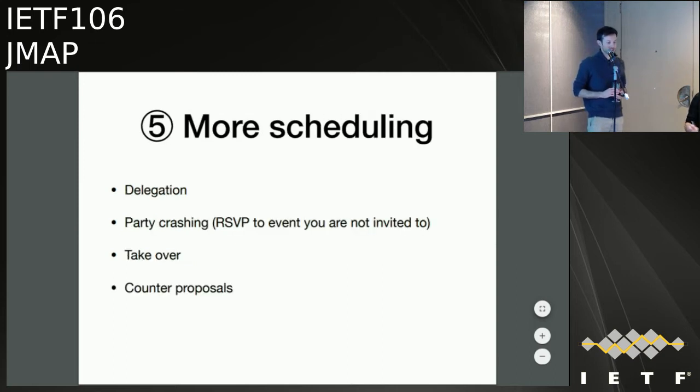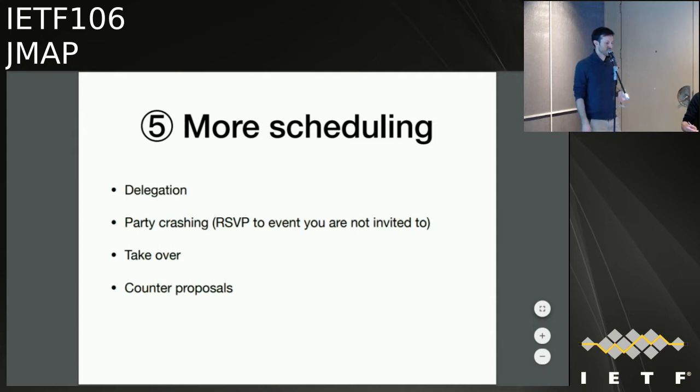Okay, finally then, I just wanted to talk about the other things I haven't put in yet, but some of them I will probably. Delegation is in iCalendar. It's also in JSCalendar. It's not widely used, but is used in some places. It's kind of a formal method of saying I'm not coming to this meeting, but someone else is, and I've invited them.